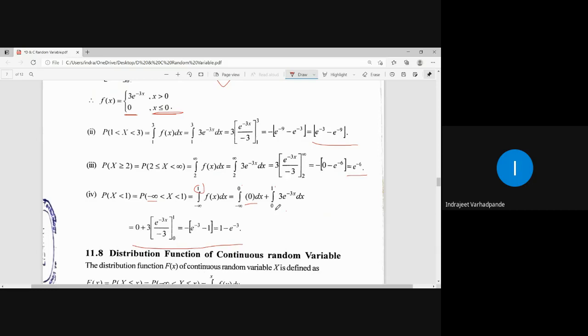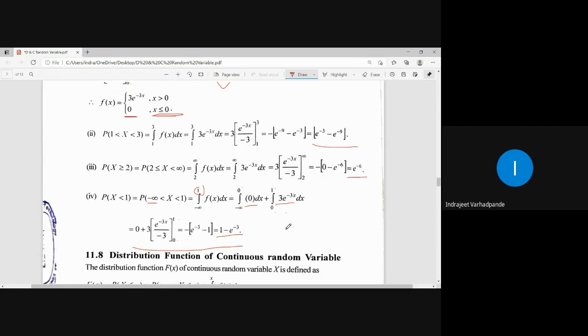So integration will be taken from 0 to 1. So the integral from 0 to 1 of 3 e to the power minus 3x. The integration of e to the power minus 3x is e to the power minus 3x upon minus 3, and limits will be substituted between 0 to 1. So I am getting the answer as 1 minus e to the power minus 3. Completed up to this, everybody? Is it clear?